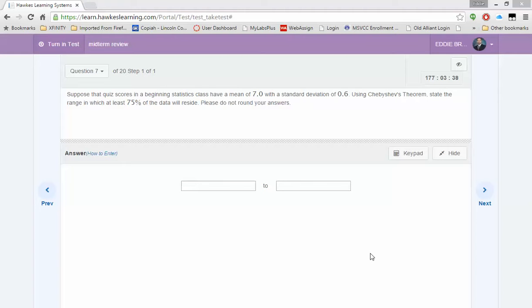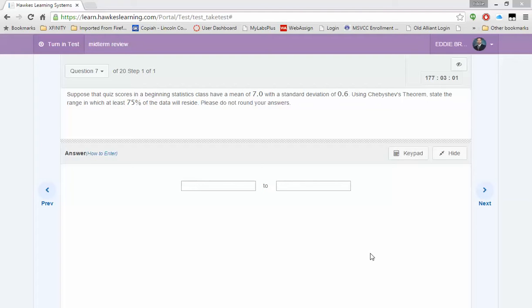That's 2 standard deviations from the mean. Then it gives one for k equals 3. That 75% relates to when k equals 2. That tells you that 75% of the data will lie within 2 standard deviations of the mean.